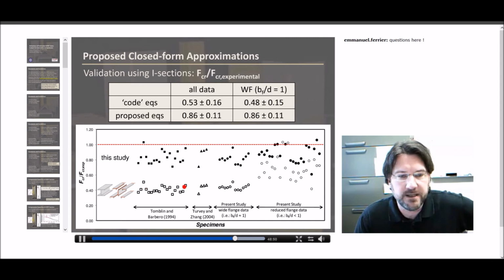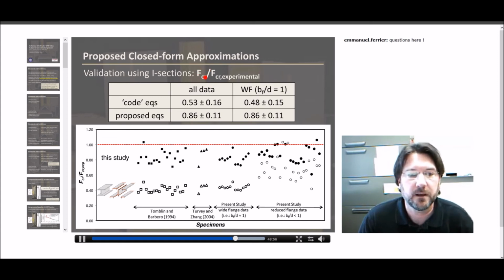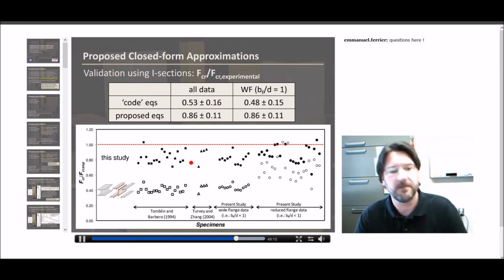What we see is that the open data are simply the ratio of the predicted value to the experimentally determined value based on these simply supported conditions, what would currently be in the code, and we see that the ratio is down around 0.5, and in fact up here at 0.53 is our average.